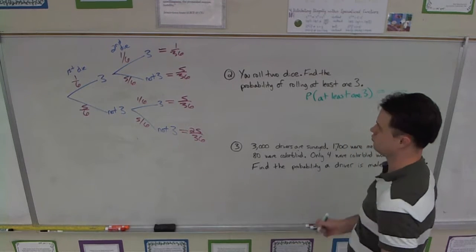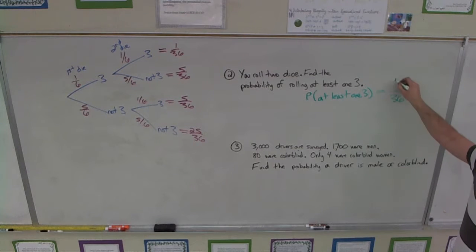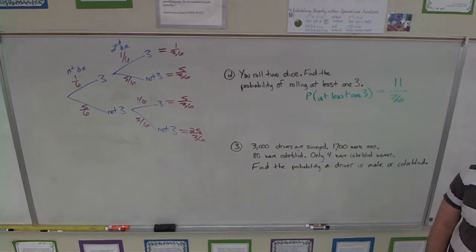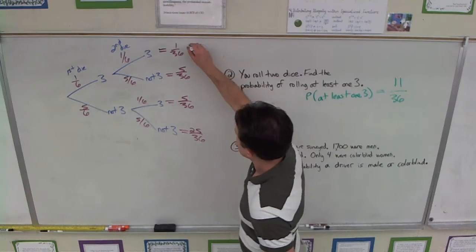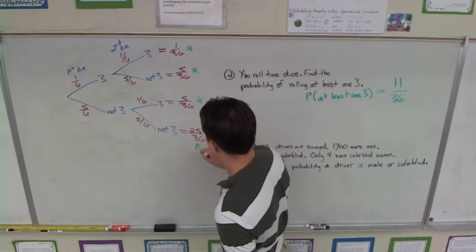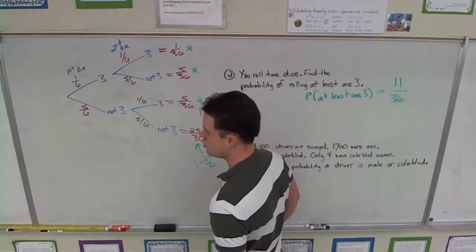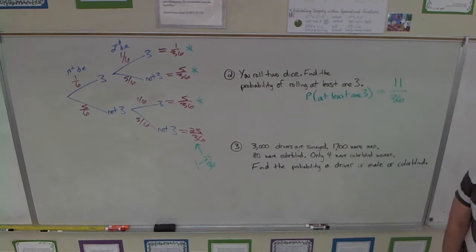How many 36ths is our chance? 11. Because that counts, and that counts. Or you could go the complement and go 1 minus. You get the same answer. Put that into a percentage and you're done.